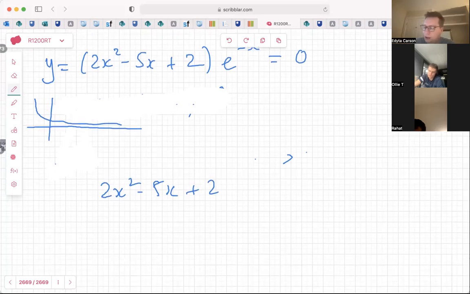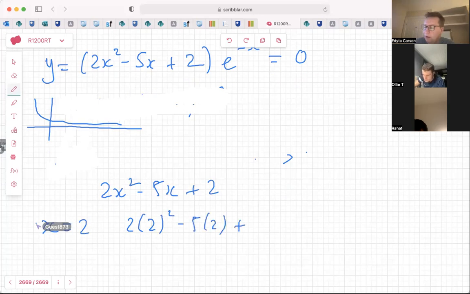It asks to show that x equals 2 will give 0. So if you substitute in 2, we get 2 times 2 squared minus 5 times 2 plus 2. And yeah, that equals 0 because it's 8 take away 10 plus 2.